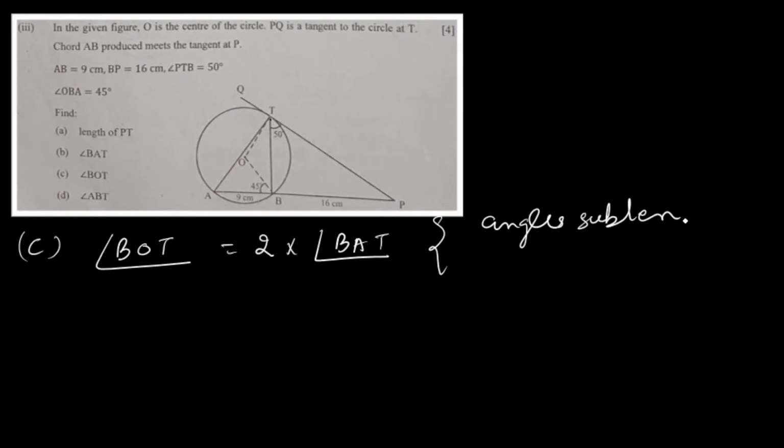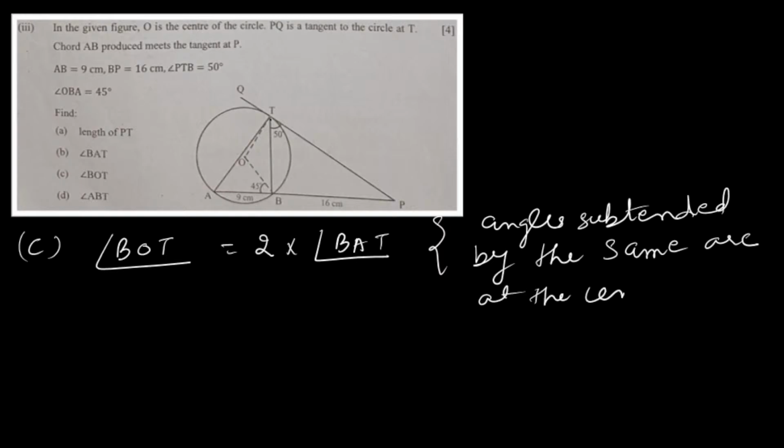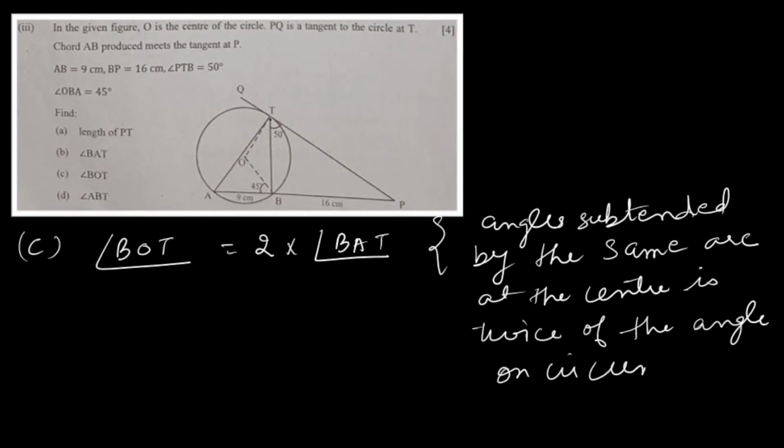So that means BOT is equal to 2 times BAT. The reason you can write: angle subtended by the same arc at the center is twice the angle on the circumference of the circle.